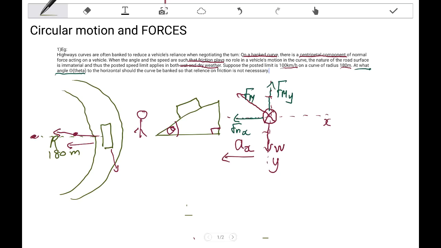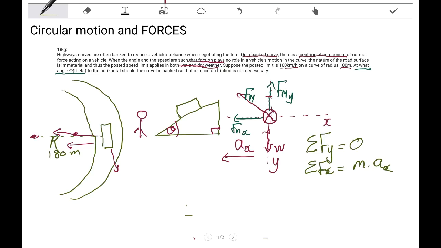Since I know that the y component forces cancel each other, I'm going to say the sum of Fy is equal to 0, and the sum of Fx is equal to mass times acceleration.